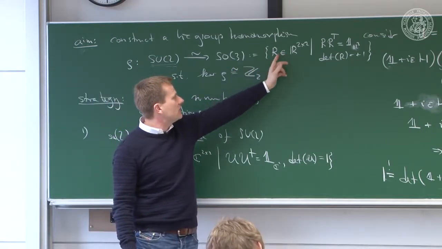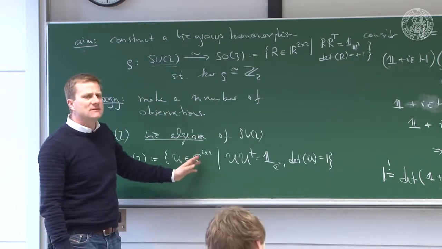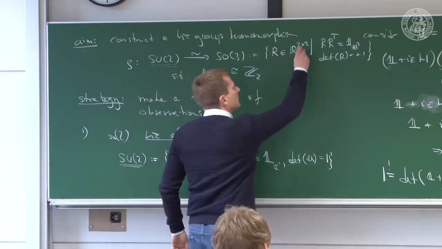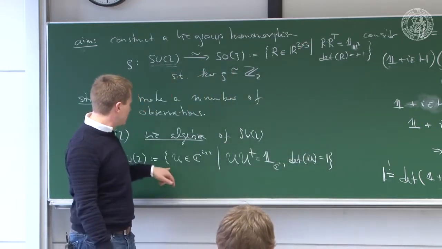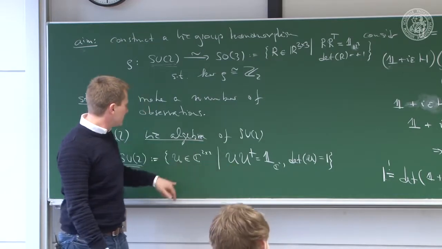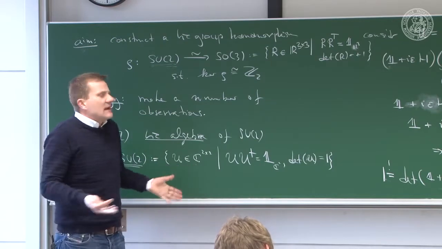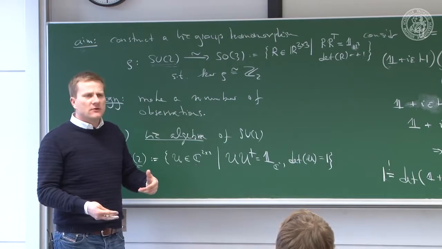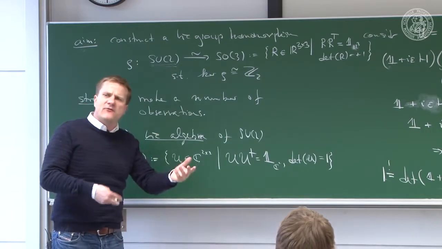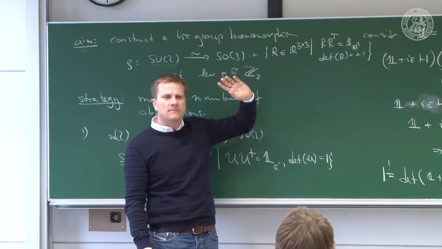Now, if I had taken the defining representation of SO3 going from R3 to R3, and compared it to the defining representation of SU2 that goes from C2 to C2, they have nothing to do with each other. One is R3, the other one is C2. You can think of C2 maybe as an R4 with an extra structure, but it seems to have nothing to do with R3.